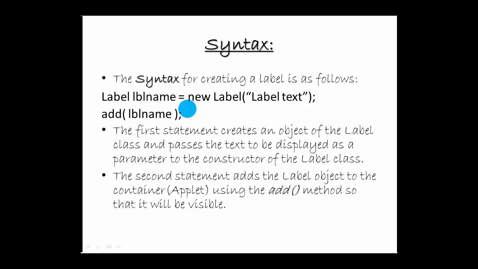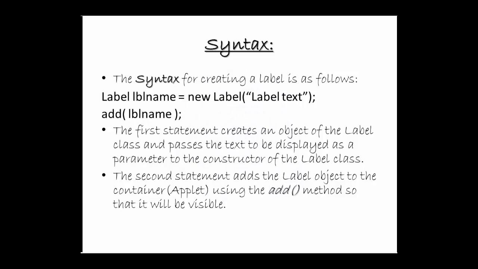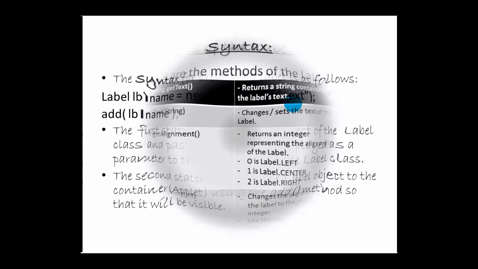If we want to get what text we used in a label, like the lblName we created here, we will say String s is equal to lblName.getText, and this will return the string containing the label text. This value will be passed into that string s.